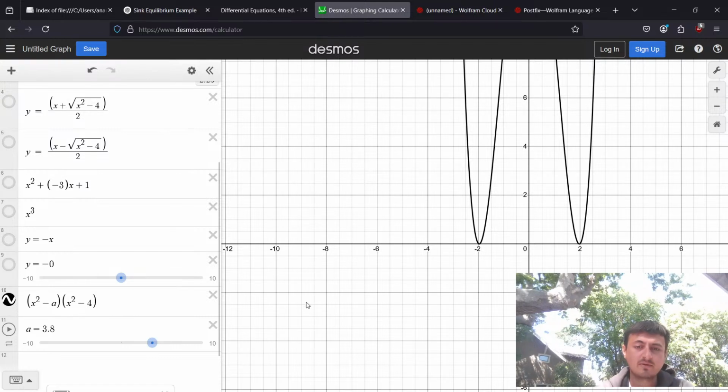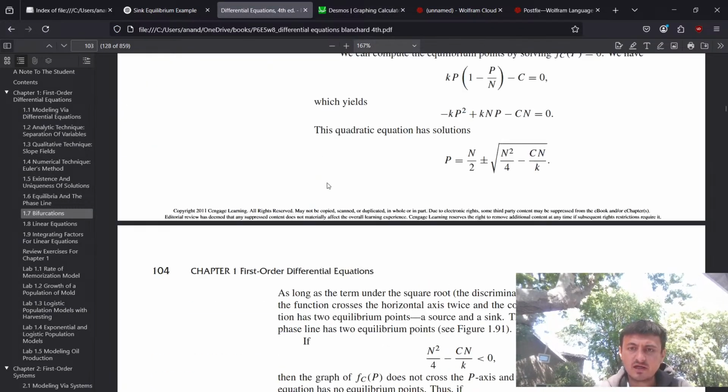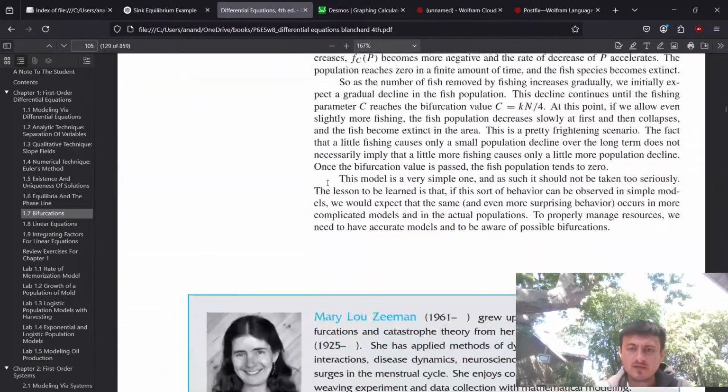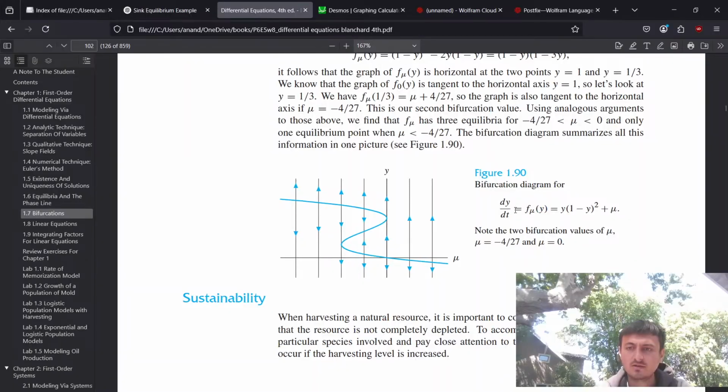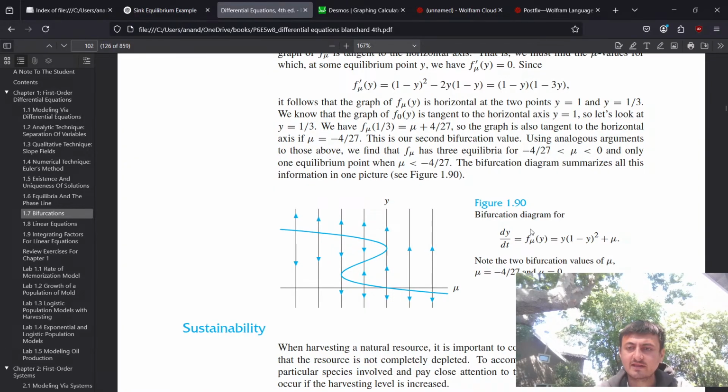This is going to be one of my favorites for sure. Was it in the book that we got that crazy looking curve? Yeah, this one. I want to do a problem like this one because this is crazy.